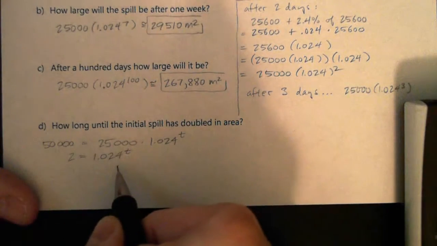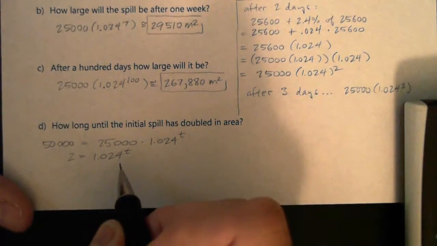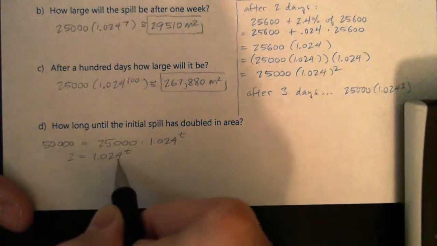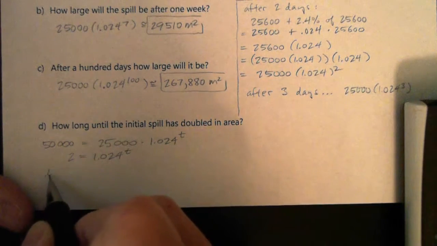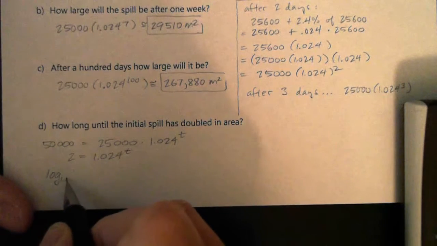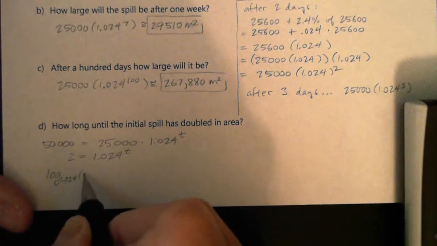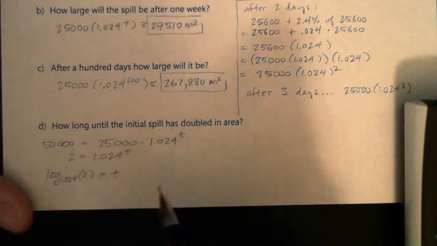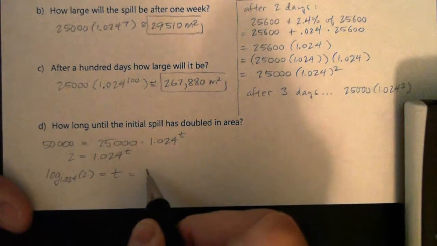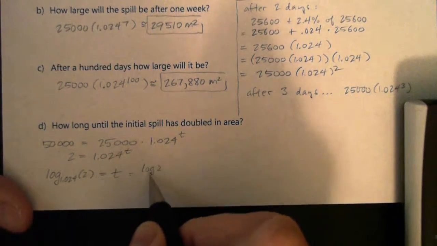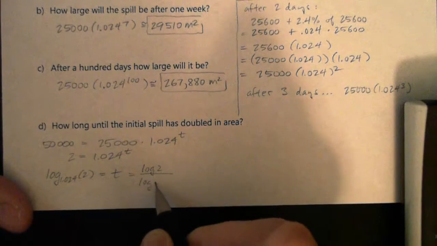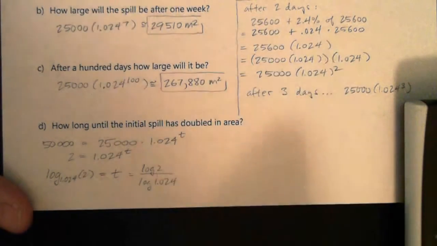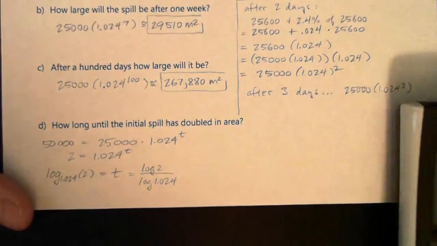And if we take, for example, log base 1.024 of 2, that would equal t. And obviously that's the same as saying the log of 2 over the log of 1.024, or natural log.